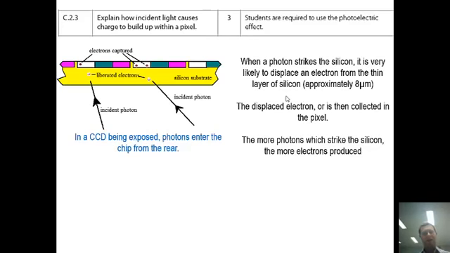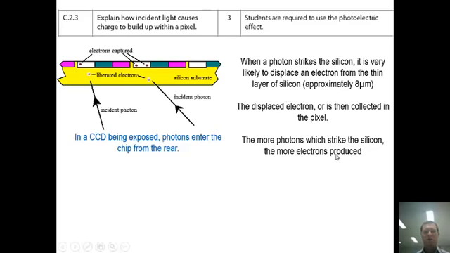So that means for every bit of light which falls onto the silicon, an electron's charge is produced and captured at that point in time. So therefore, the more photons which strike the silicon, the more electrons which are produced, so the greater the buildup of charge.